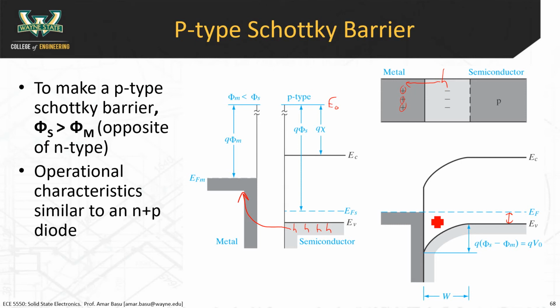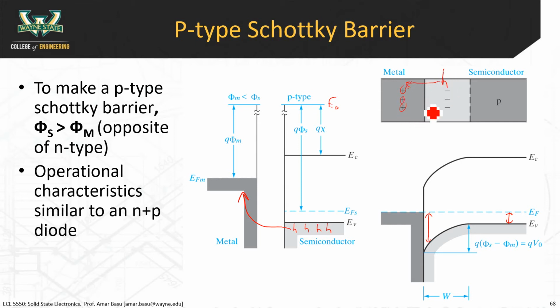Now look at the distance here. Larger distance. Okay, so if there's a larger distance, what does that mean? There's less holes, right? So that corresponds with our physical model, that the holes have left this region.